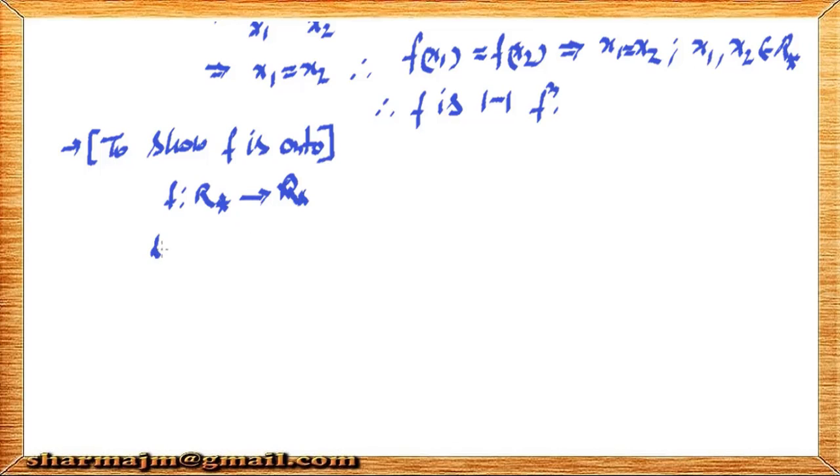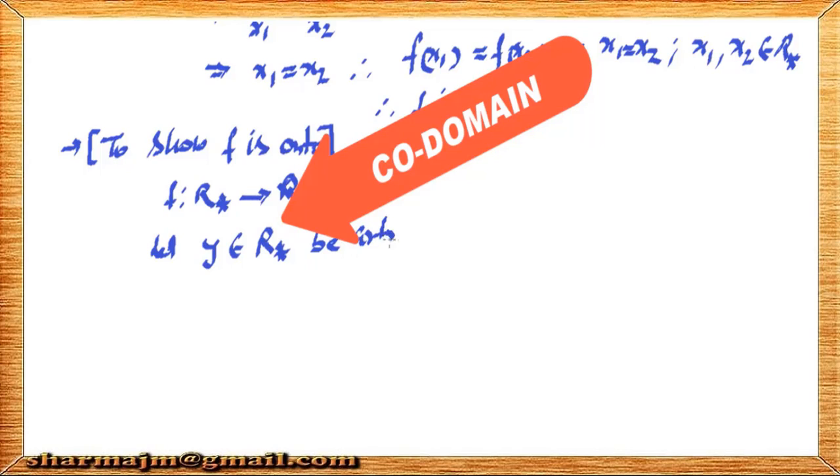Let y belong to R star be arbitrarily chosen, any random element in the codomain. Okay, so therefore y is equal to f of x is equal to 1 by x, which implies x is equal to 1 by y, and this x is in R star.